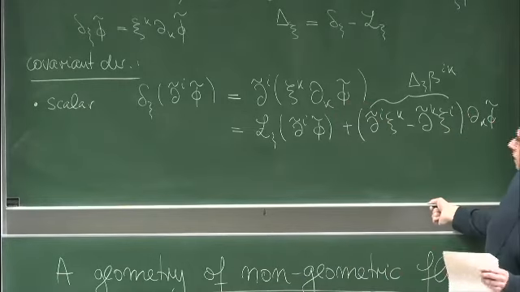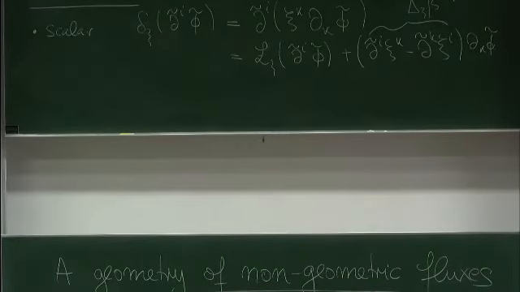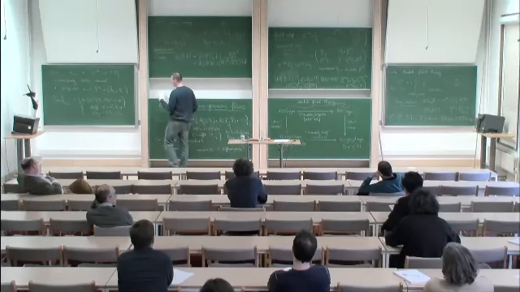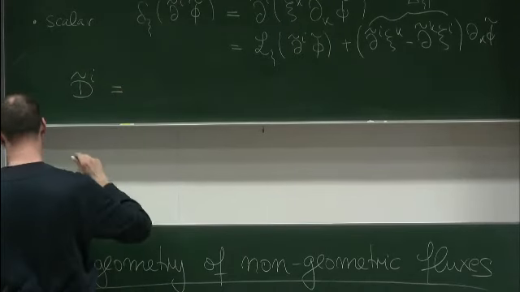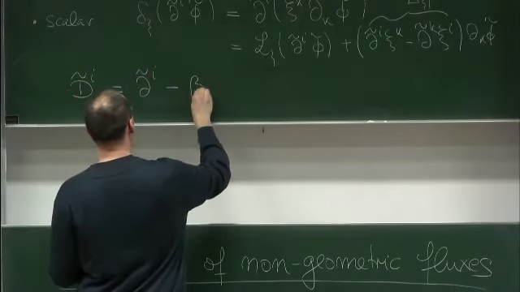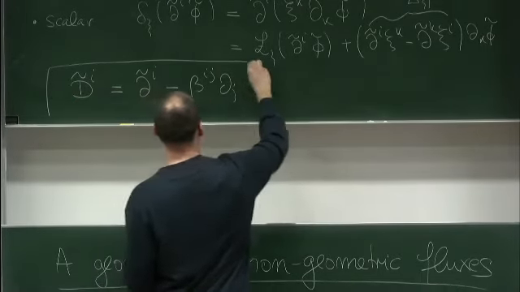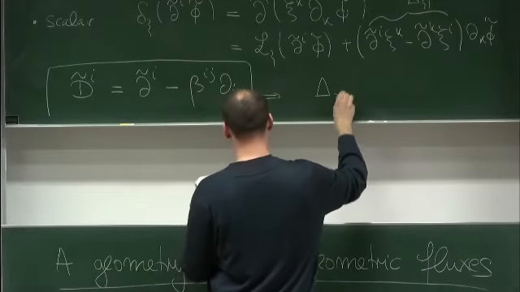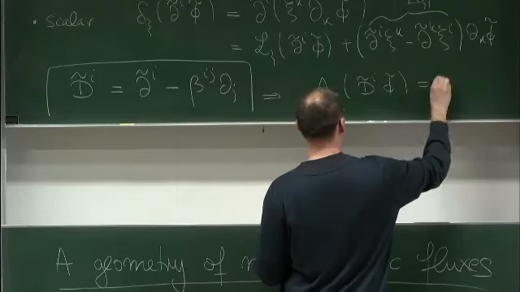That tells us the tilde derivative of a scalar does not transform as a vector, so it's not covariant, but its failure to transform covariantly is just this beta term. So we can absorb it by introducing a new derivative, d tilde i, which is the partial derivative minus beta ij d j. That implies that the non-covariant variation of d tilde i phi tilde is 0.